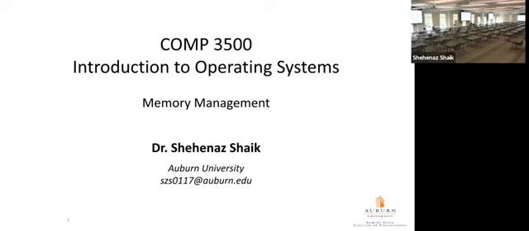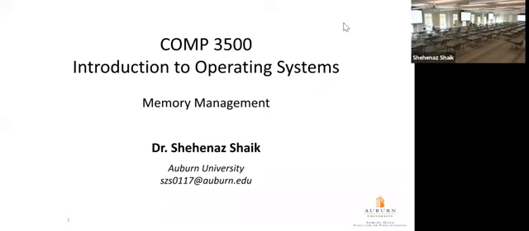Note that the final would be a comprehensive exam, but there will be a split: approximately two-thirds of the points focused on what we discussed after the midterm, which would be memory management and all the other topics after that. And 30% would be from the previous topics. So that's what I'm planning for the final exam.